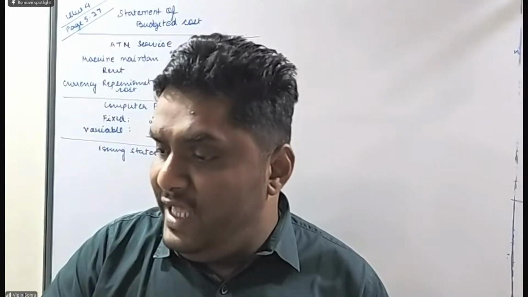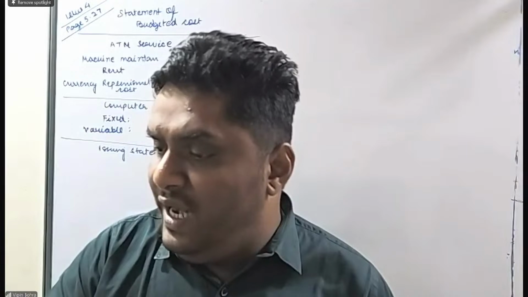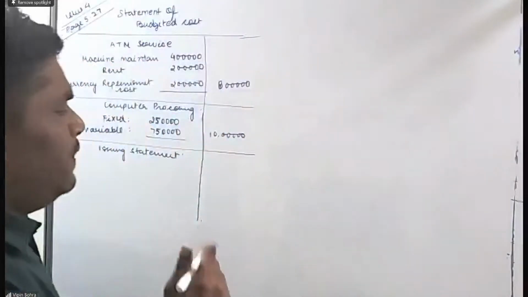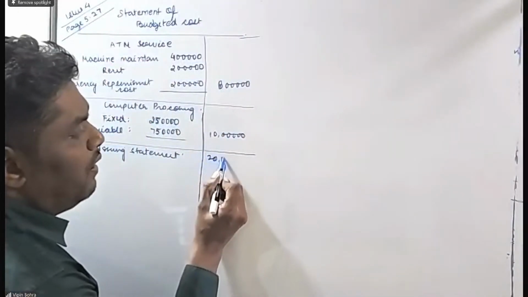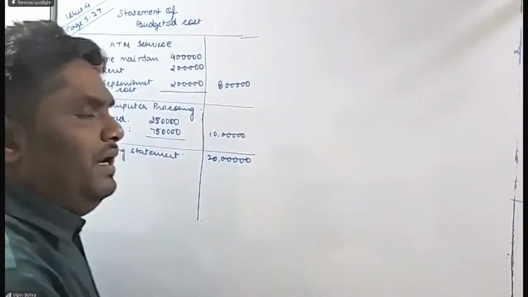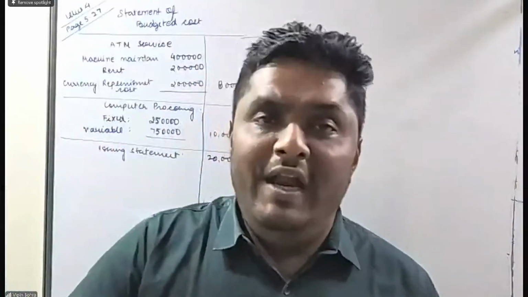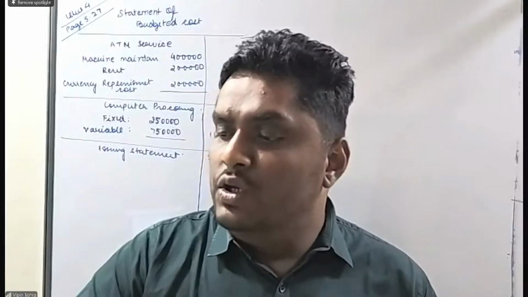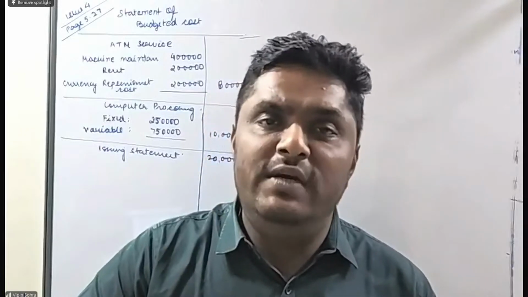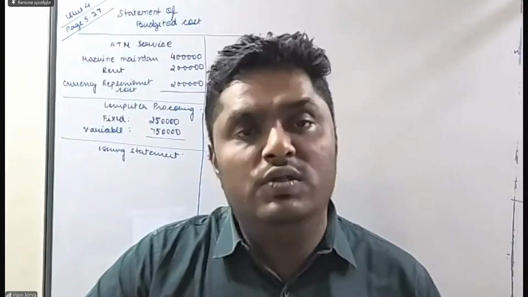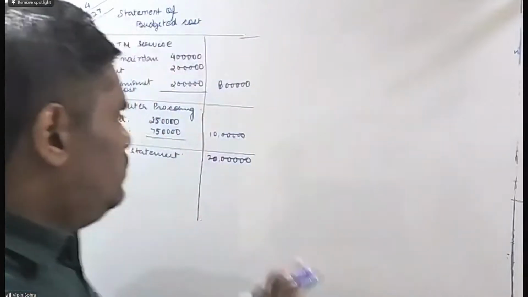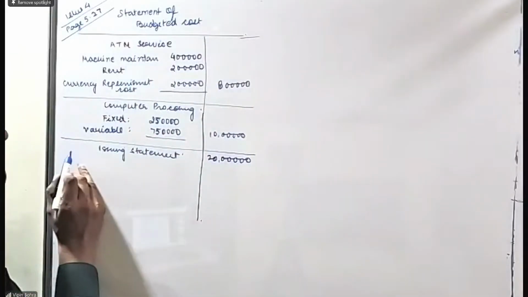And for every increase of 1 lakh statements, 1 lakh rupees is the budgeted increase. Currently, the cost is 18 lakh, and for every 1 lakh increase, there is an increase in cost by 1 lakh. So the increase in the number of statements is by 2 lakh, so the additional cost will be 2 lakh. So the total cost will be 20 lakh.